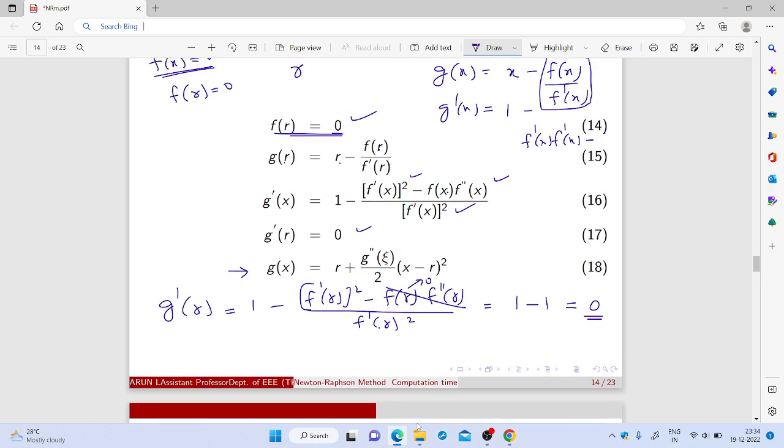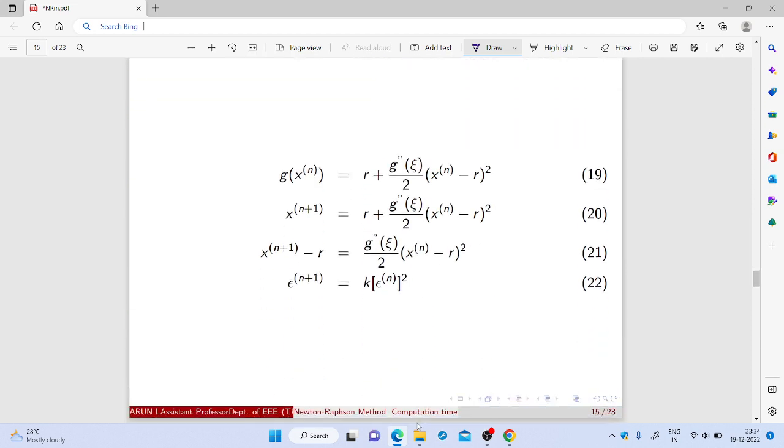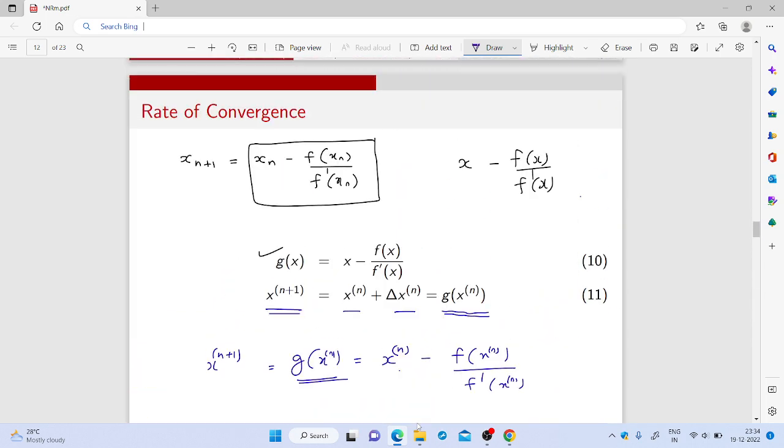So g of x becomes r plus g double dash of psi by 2 into x minus r whole square. Now g of x of n will be r plus g double dash of psi by 2 into, instead of x, substitute x of n minus r whole square. Now g of x of n is nothing but x of n plus 1, that we saw in the beginning.